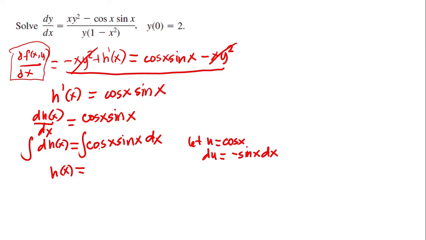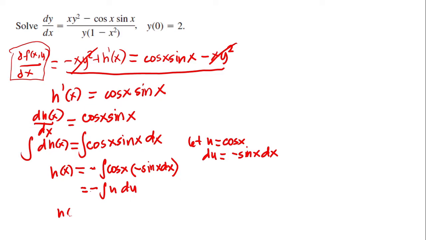So first we rearrange the right hand side of our integration. You can write negative integral of cosine x times negative sine x dx. Now we can substitute u and du into our integral. So we have negative integral of u du.